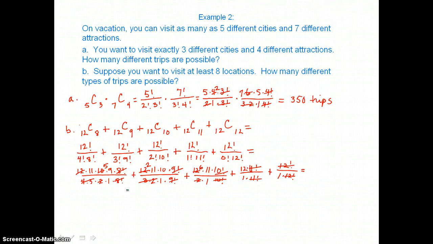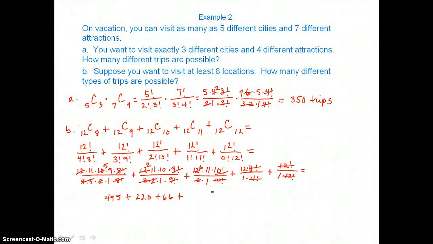So going back and getting these products, we'll find that the first product is 11 times 5 times 9, 495. And the second product is 2 times 11 times 10, so 220. The third product is 6 times 11, so 66.